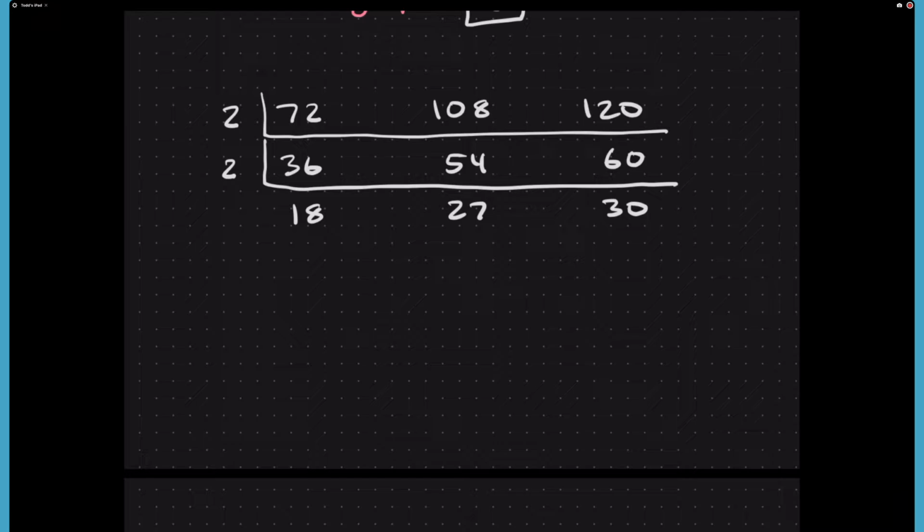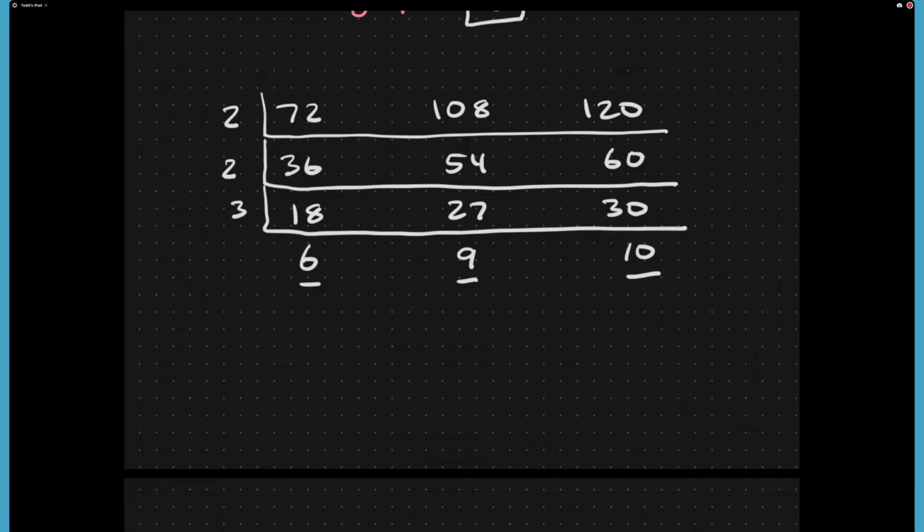Now, 2 will no longer divide into all three of those, but I can see that 3 is a factor of all three of those. 3 will go into here, leaving 6. 3 will go into here, leaving 9. And 3 will go into here, leaving 10. At this point, I can see there is no common prime number that can divide into 6, 9, and 10, so we are finished.